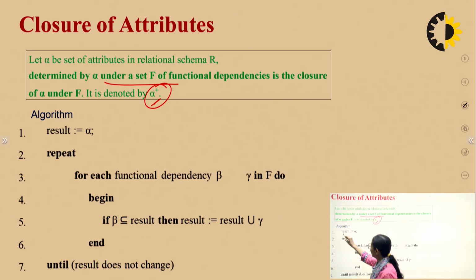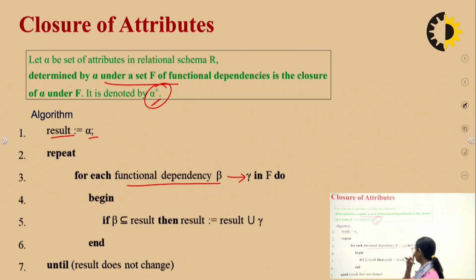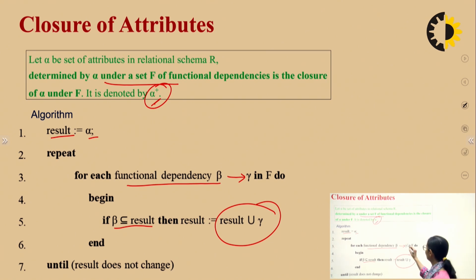First, we initialize the result with alpha and we do the task in repetition. For each functional dependency, beta tends to gamma in F, if beta is a subset of the result, then the result becomes the union of result and gamma.